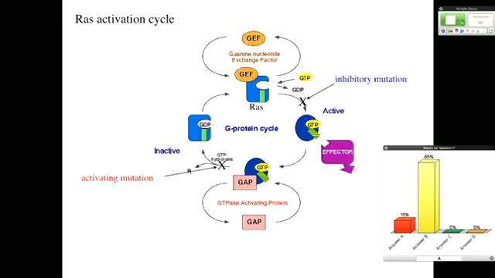So if I express 10 times the amount of mutant RAS over the normal level of RAS, then 10 times the amount of GEF is interacted with in a non-functional way, and you tie up all the GEF so that it can't activate normal RAS. In that way, it could act in a dominant inhibitory way, and that's been one really important tool for understanding what types of effectors there are for normal RAS.